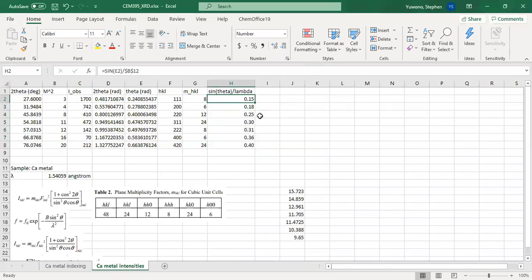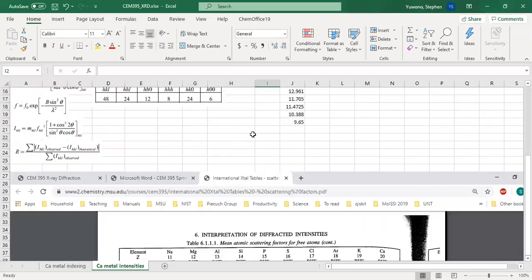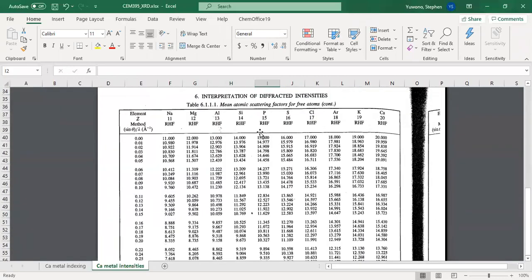Okay, so now what we need to do is obtain the F0 value. We need to go to the table, look at 0.15, and see what the table gives us. So here, this is calcium, and this is the sine theta over lambda. If I look at 0.15, I get the value 15.723.